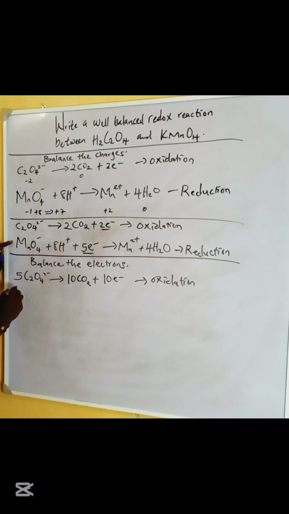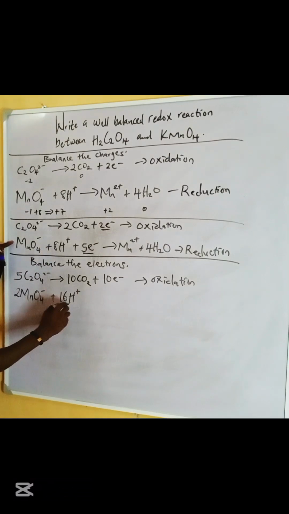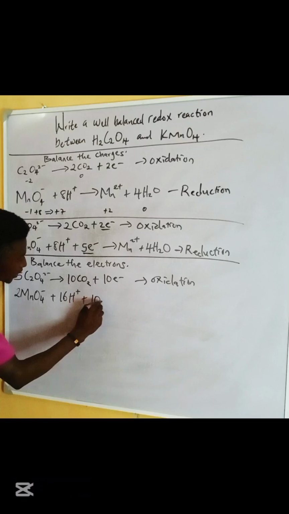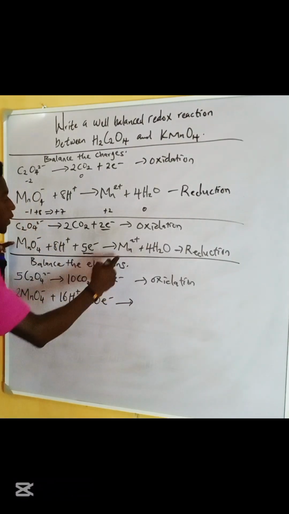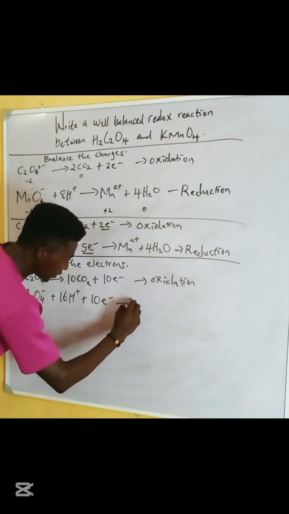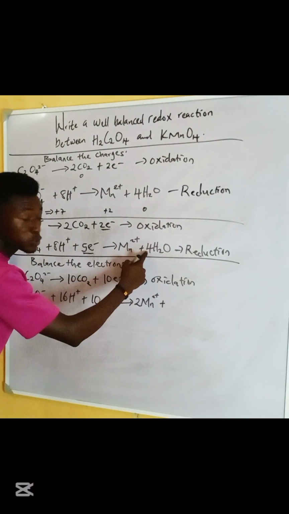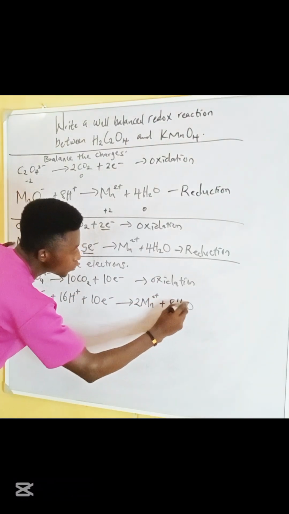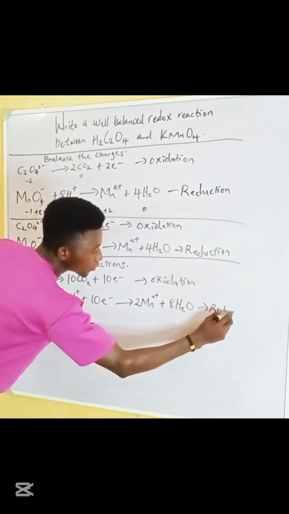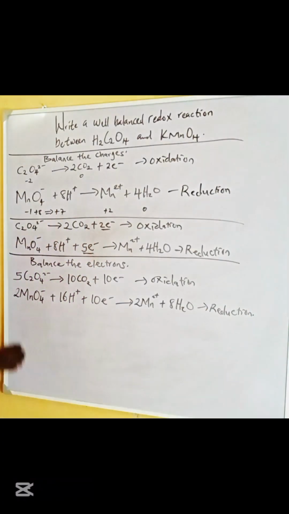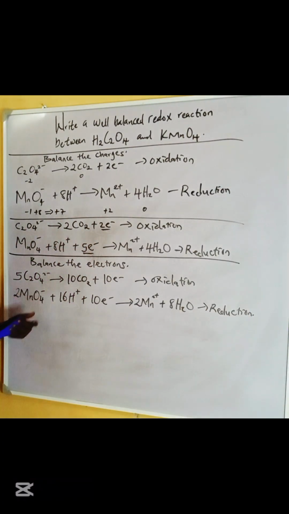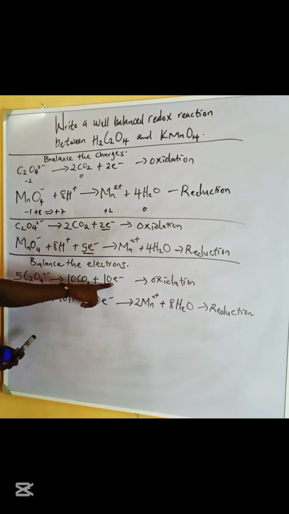So I have 2MnO4- plus 2 times 8 is 16H+ plus 2 times 5 is 10e- to give me 2Mn2+ plus 4 times 2 is 8H2O. This is my reduction. So you see that we successfully balanced the electron now. How many electrons do I have here? 10 electrons. How many electrons do I have here? 10 electrons.